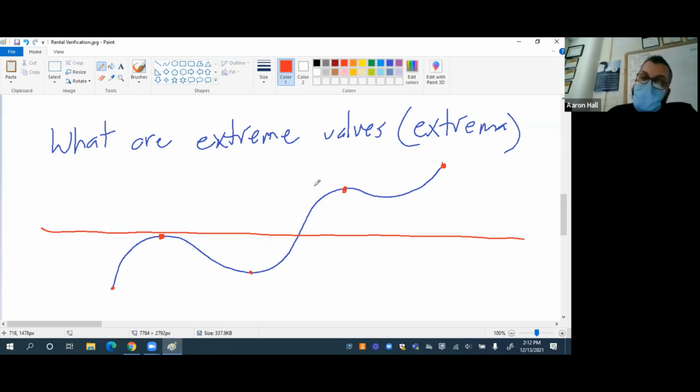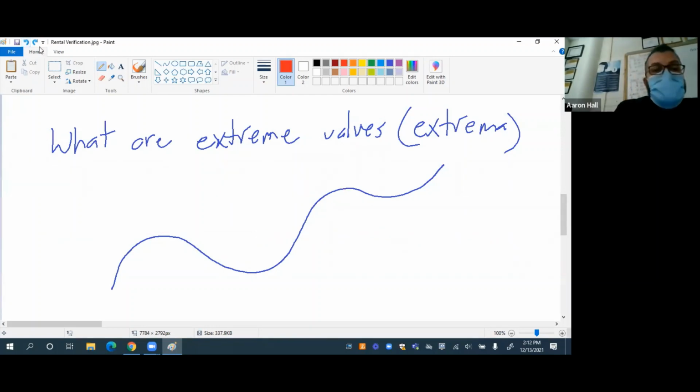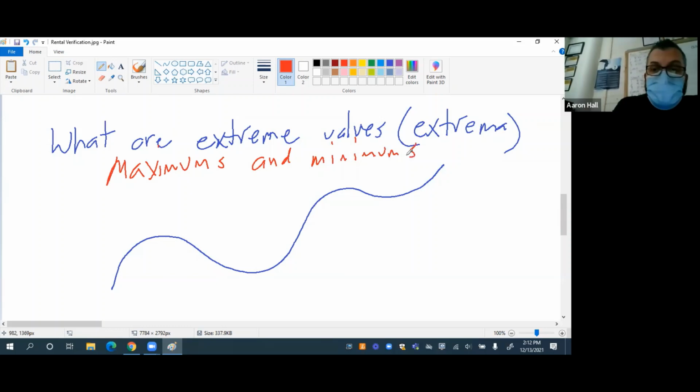When we get away from the average, we call that a maximum point. So when we talk about extreme values, we are talking about maximums and minimums. Those are extreme values.